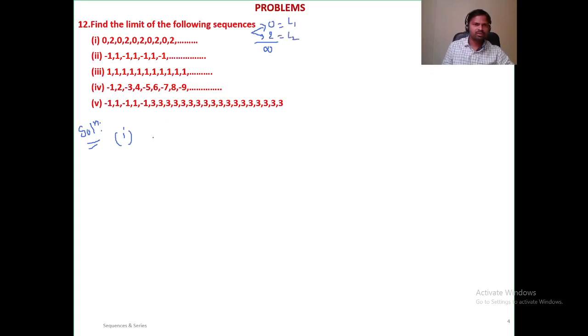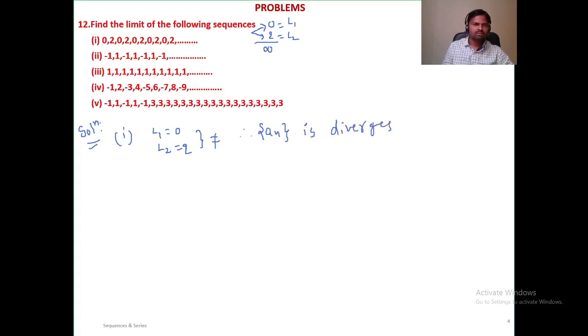So the given sequence An diverges. Here L1 is 0 and L2 is 2, so they are not equal. Therefore the given sequence An diverges, or does not converge.